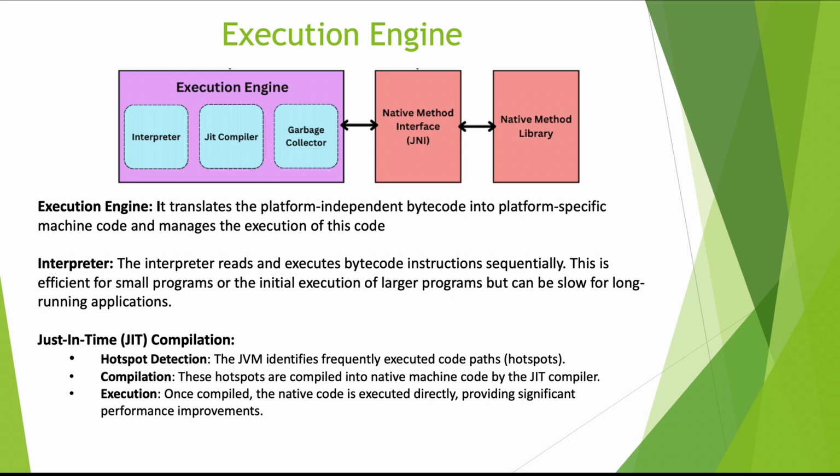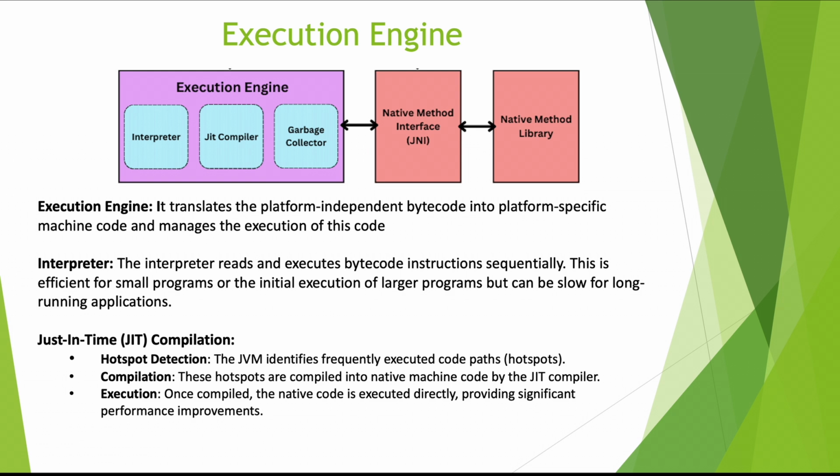Then we have the interpreter. The interpreter reads and executes bytecode instructions sequentially. Whatever bytecode we get inside the execution engine from the runtime data area, the interpreter reads and executes sequentially and converts into machine understandable code.